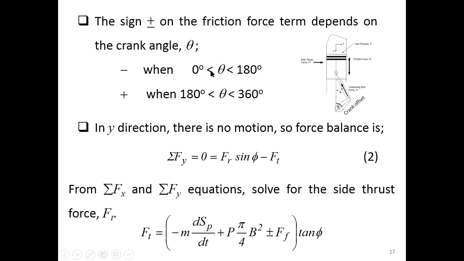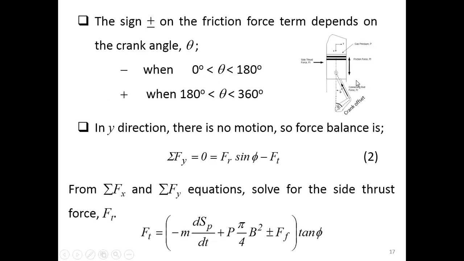If the crank angle is between 0 and 180 degrees, the friction force has a minus sign because the direction of the friction force is going up, against the x direction. And if theta is between 180 and 360, the sign on the friction force is plus because the friction is in the same direction as x.